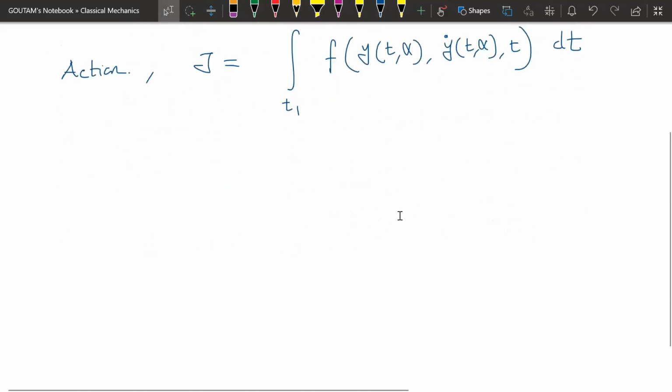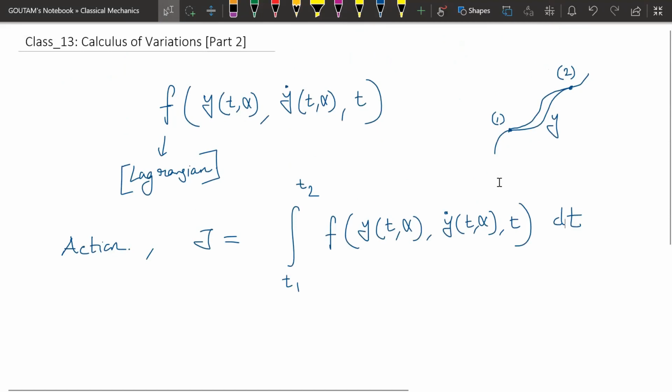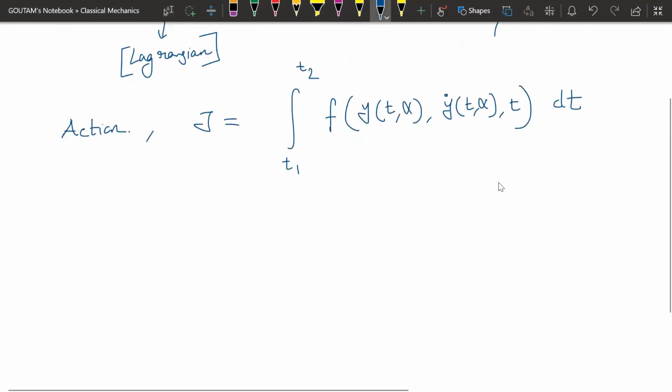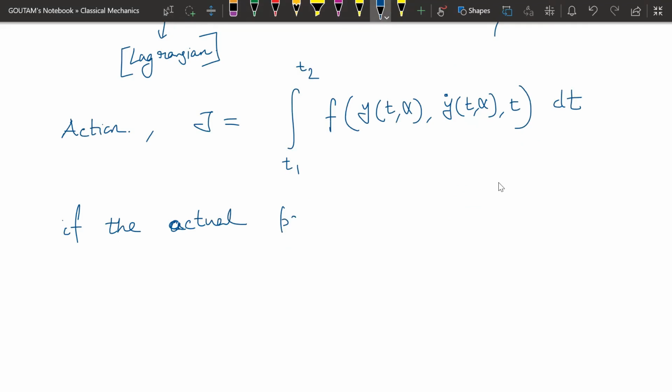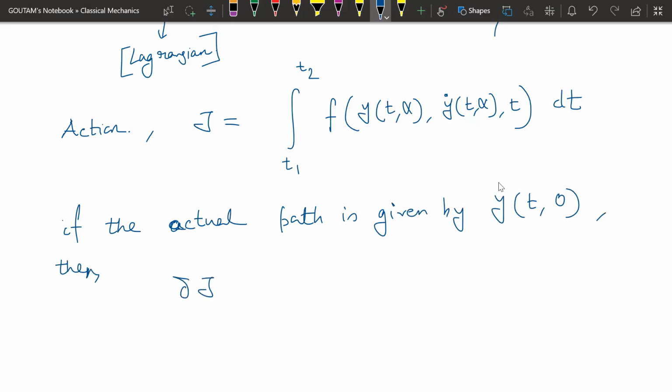From Hamilton's principle, which said that if the actual path is given by y(t, 0), then the variation of this action at the point where the path is the actual path will be 0.